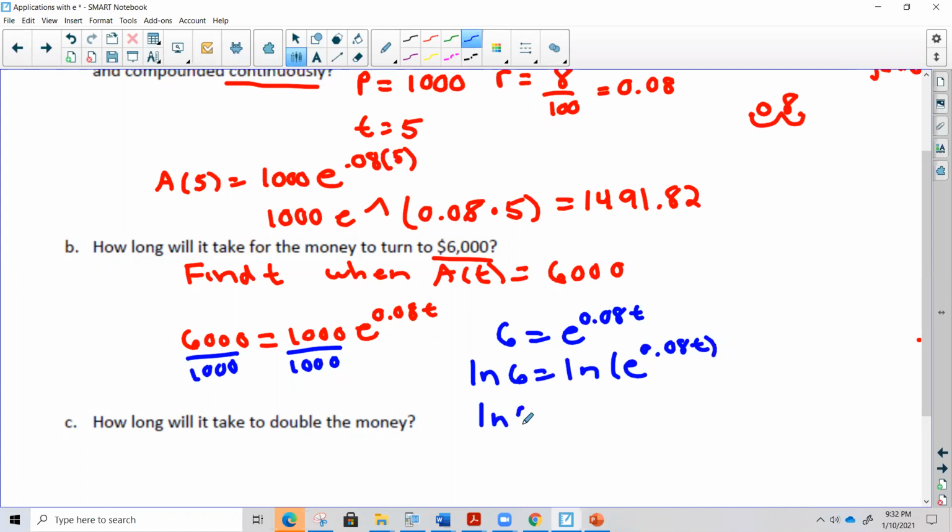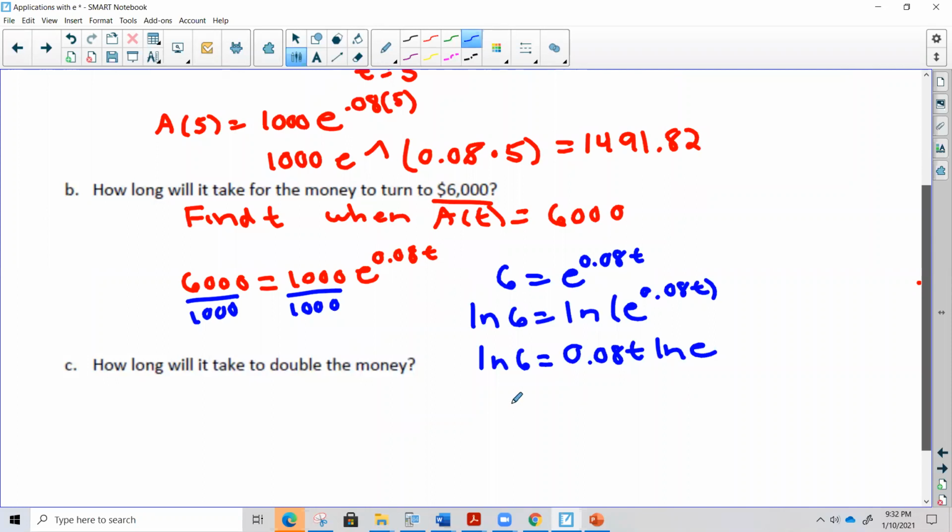And what happens is we can use that rule from before, where the 0.08t is the exponent on the part that's inside the natural log, so that can be moved to the front. And then ln of e is just 1. So this becomes ln of 6 equals 0.08t times ln of e, and ln of e is always 1. So this is just ln of 6 equals 0.08t.